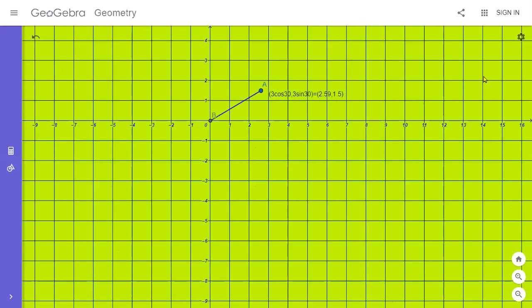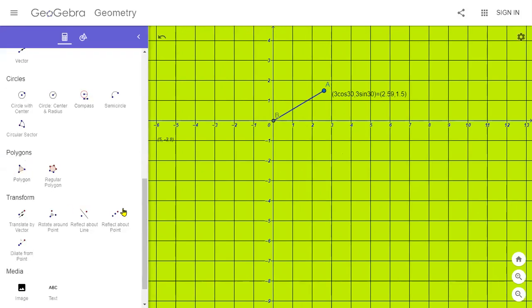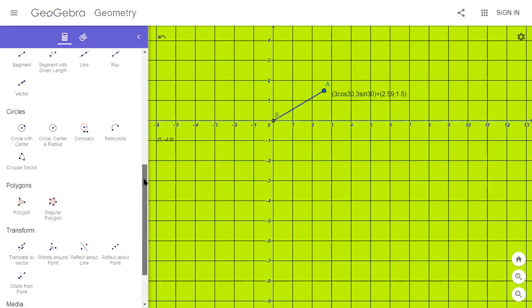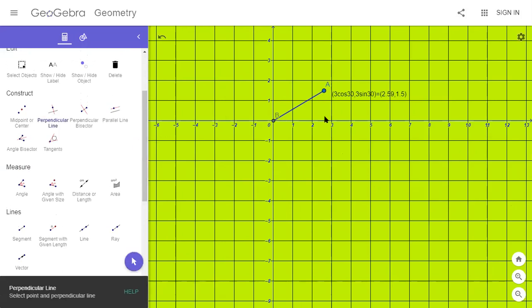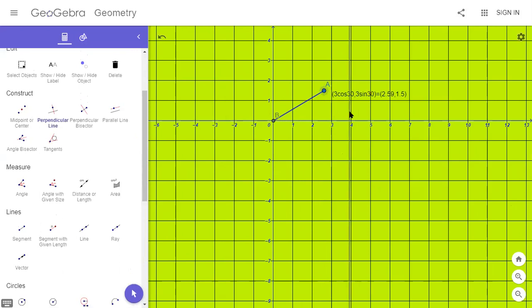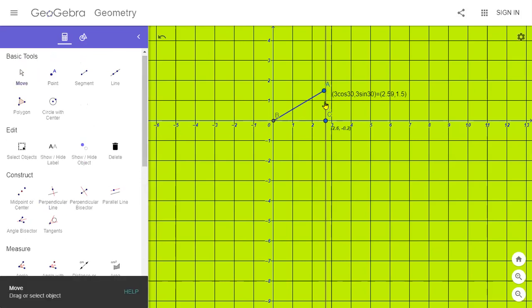Okay, this is the Cartesian coordinate of this point A. Let me connect this point A to the x-axis.